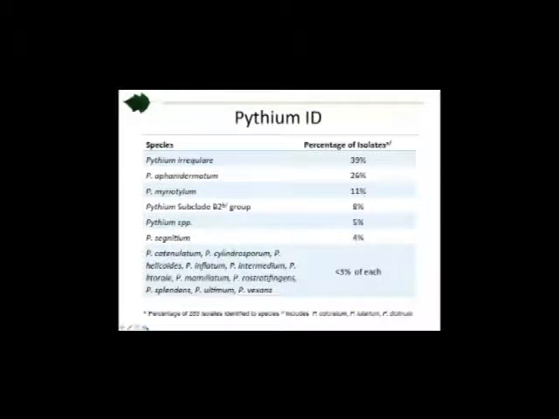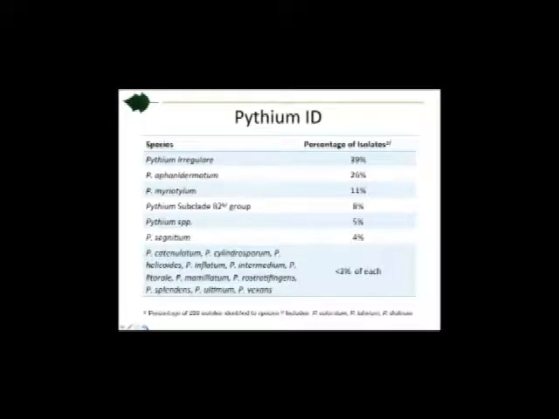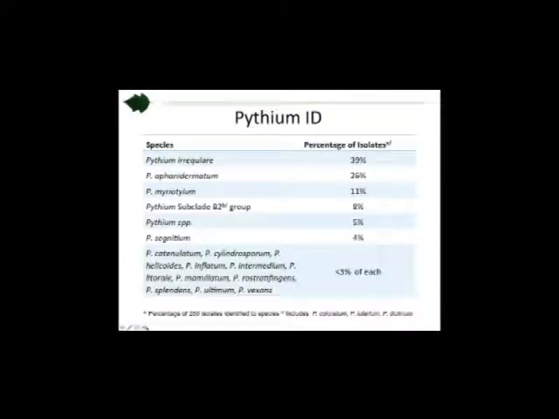We've always heard that people have done Pythium surveys and tried to determine what Pythium species were common in greenhouses. These results were kind of interesting because I've always seen the list include Pythium ultimum. However, if you look at the top 3 species that we found in North Carolina that spanned all those crops that I mentioned, Pythium irregulare and Pythium aphanidermatum were the most common ones, followed by Pythium myriotilum.